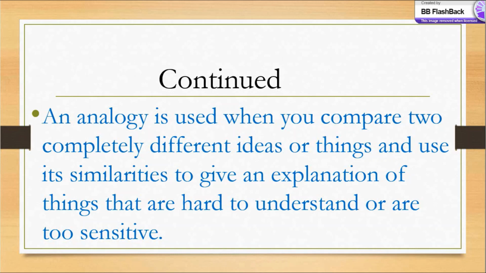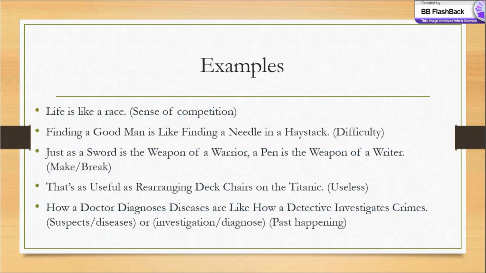Writers mostly use this technique to make you understand different sensitive topics quite easily. So one thing which is totally dissimilar to another will be compared together because they have shared characteristics, because one of their features is similar, but overall the two things will be dissimilar. So there are multiple examples.